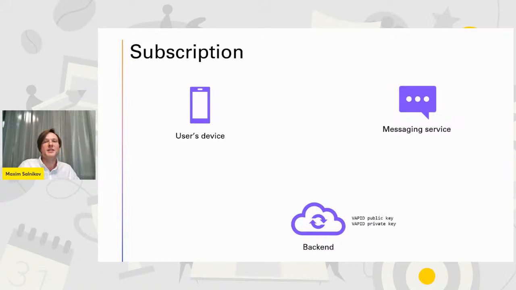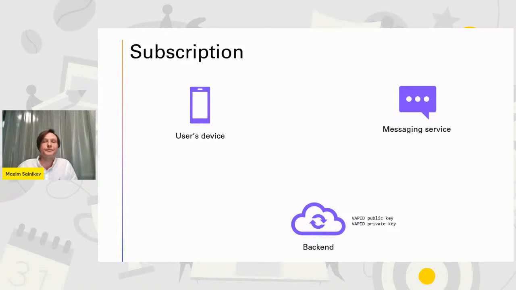But anyway, let's start. It all starts with you as a developer getting a key pair. In many cases, we want to make sure that no one is abusing our application. In simple words, no one is sending notifications on our behalf, so we have full control over every single notification sent on behalf of our website.